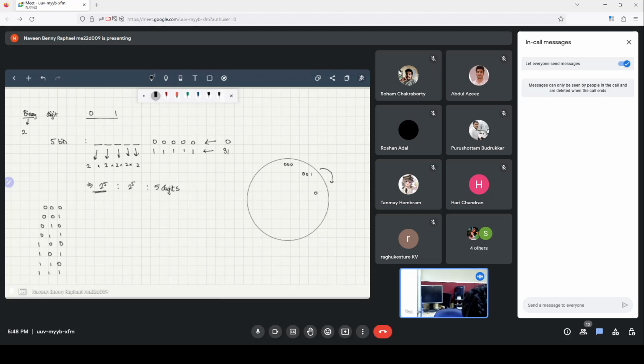Sorry, this will be 0, 1, 0. Here we have the third digit changing, and the second digit changing.